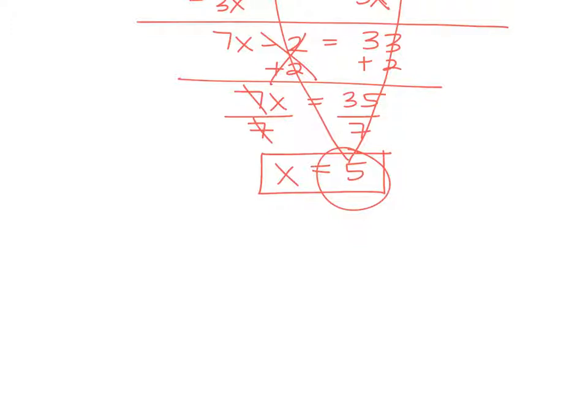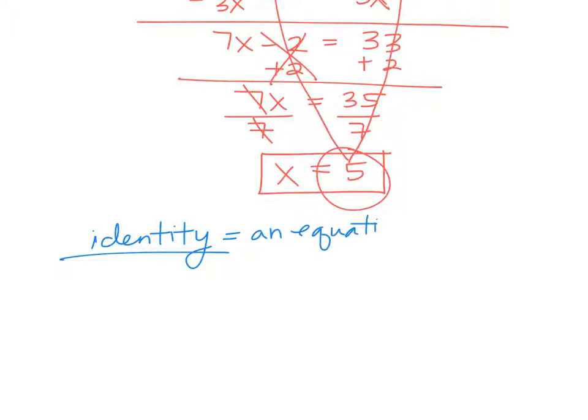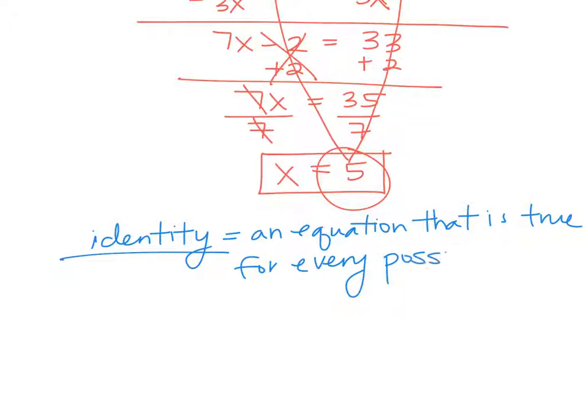Your options are you could get an identity, okay? And an identity is an equation that is true for every possible value of the variable.